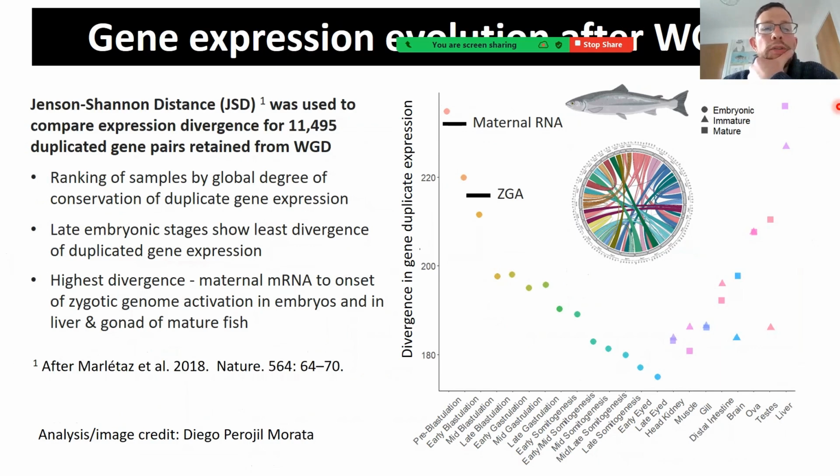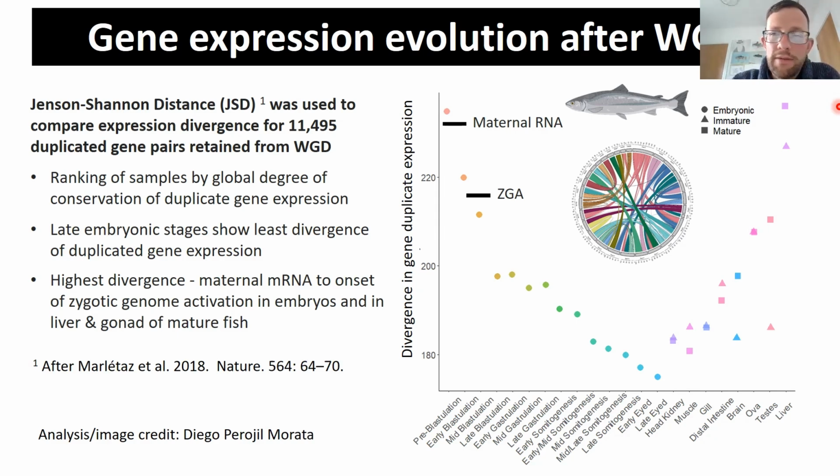So this plot shows an effort to compare the different sample types that we have in terms of the extent to which the duplicated genes retained from the genome duplication event have changed in expression, or you can also look at it in how conserved they are in expression, using this method called the Jensen-Shannon distance, which effectively summarizes the similarity between a global distribution of TPM differences between pairs of duplicated genes from the whole genome duplication event.